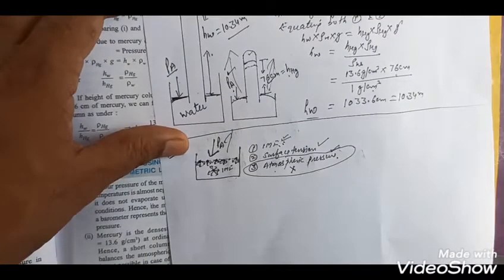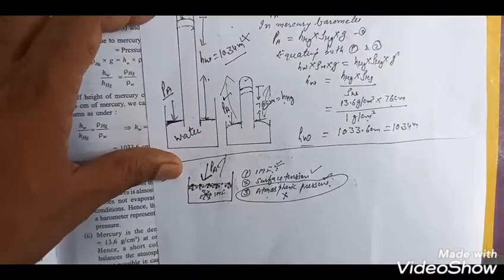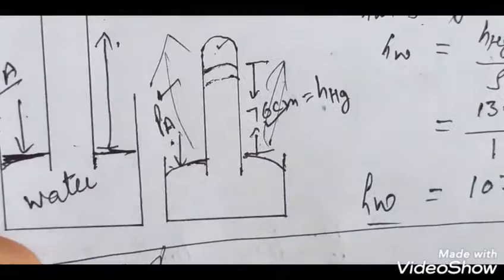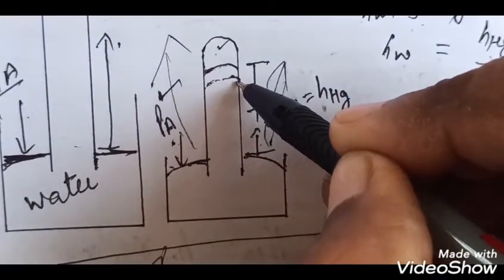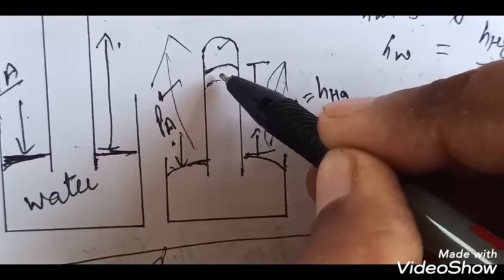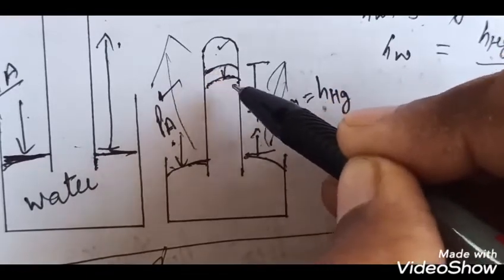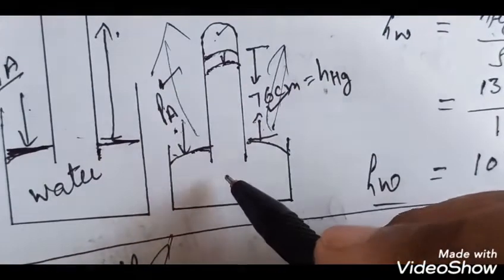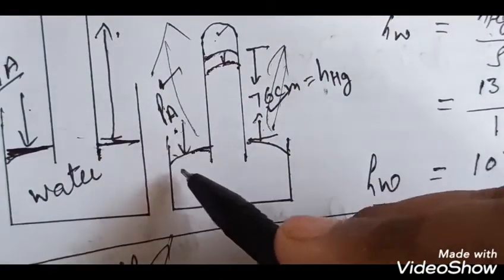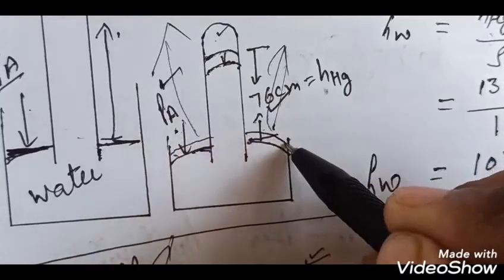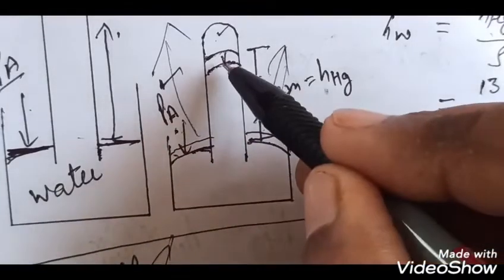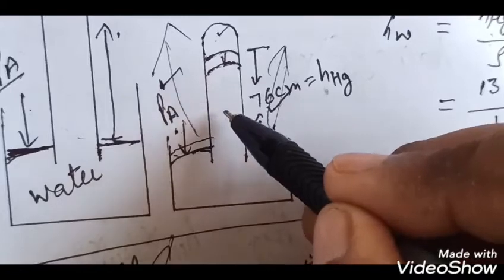Right? If the height of mercury falls, then mercury in the tube becomes less because it comes down, and the mercury in the trough will increase. So the mercury level in the trough goes up, but the mercury level in the barometric tube reduces.